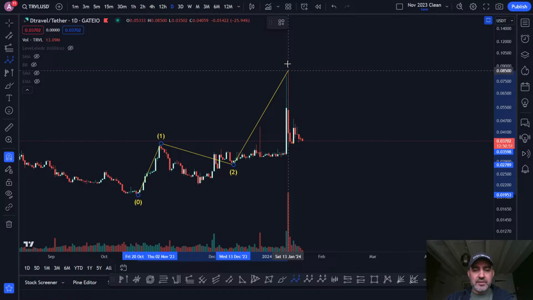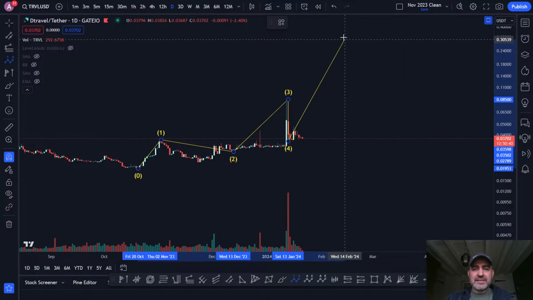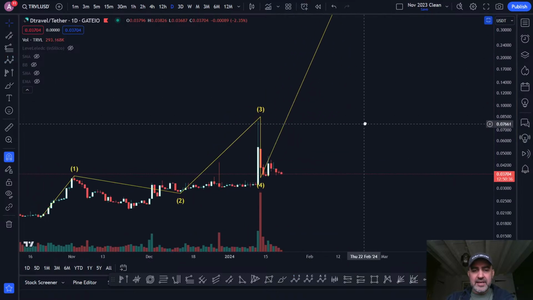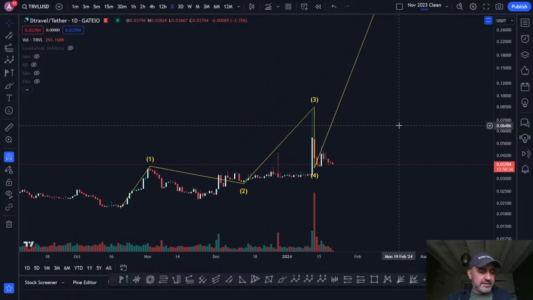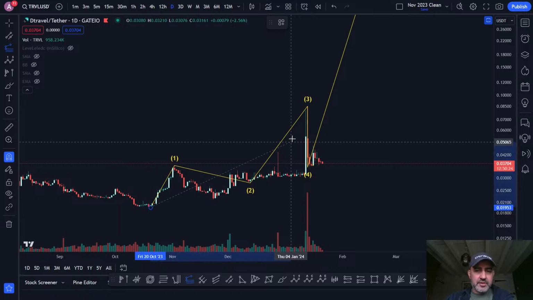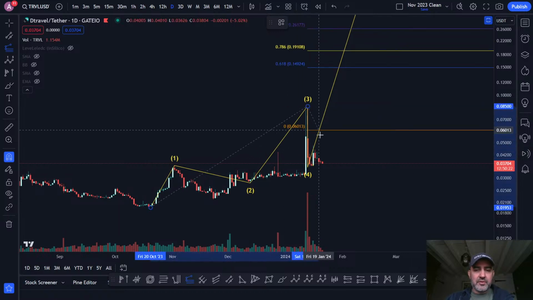That was the 3. If this is the 4 to that, then if we want an expansive 5, that's kind of what we're expecting, then maybe what you would do is you do this trend-based fib extension, and you'd go from the 0 to the 3 to the 4.